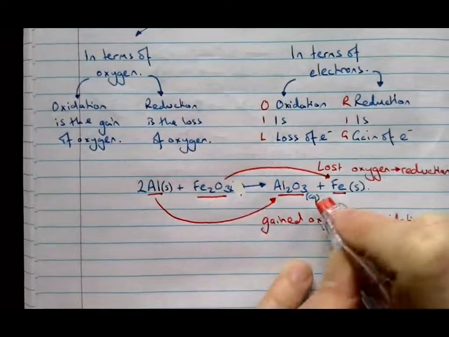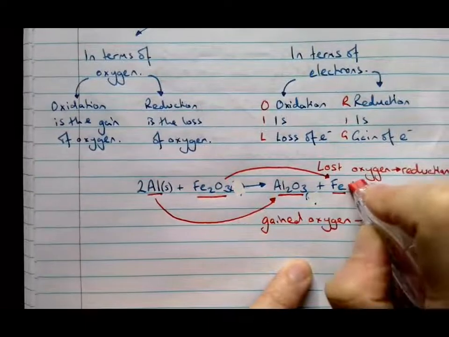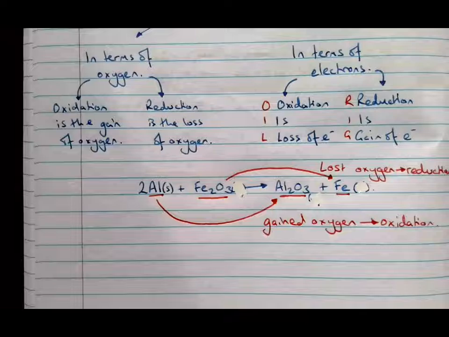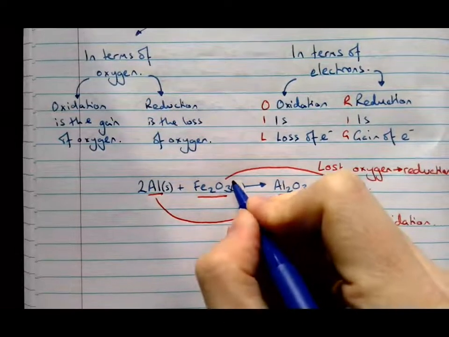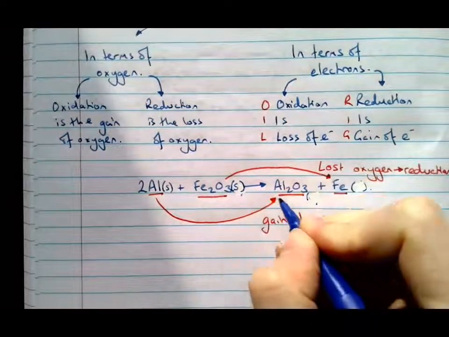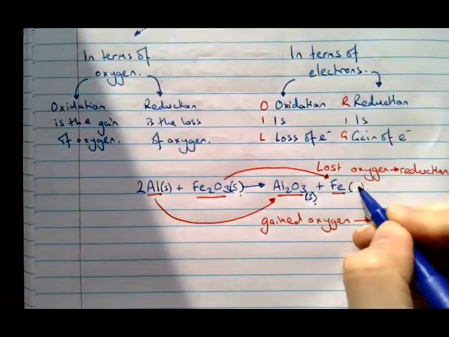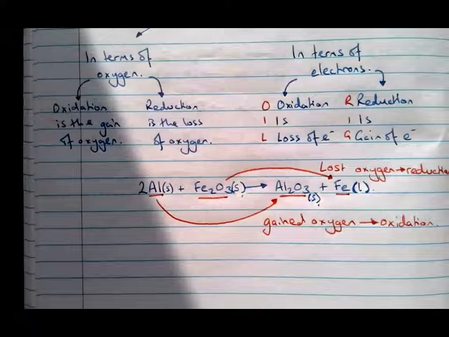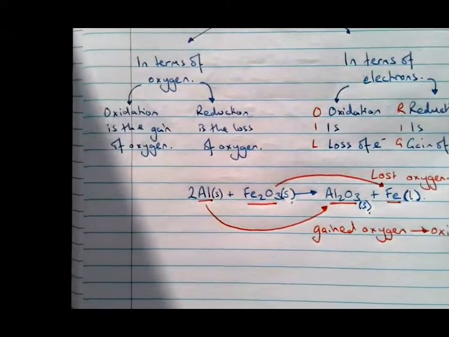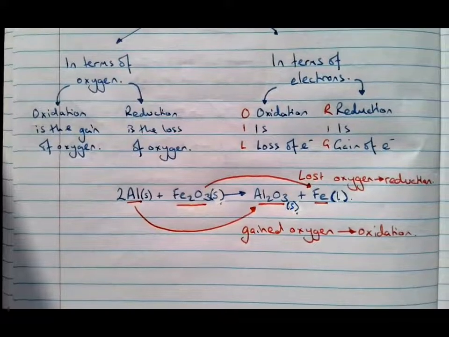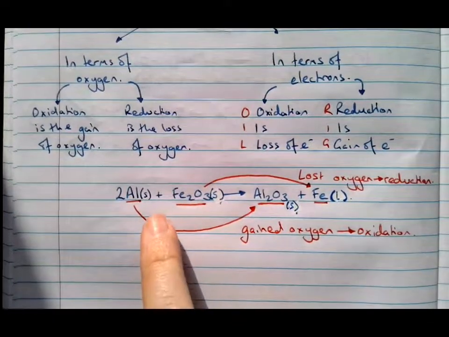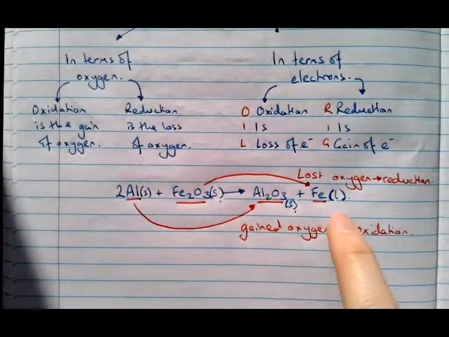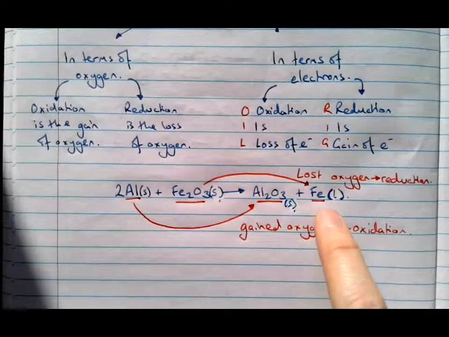That's not aqueous, and that's not solid. What this actually is is solid iron oxide, solid aluminium oxide, and we end up with liquid iron. So this reaction is where we have solid aluminium and solid iron oxide gives us solid aluminium oxide, and it's so hot that the iron that gets produced is liquid iron.